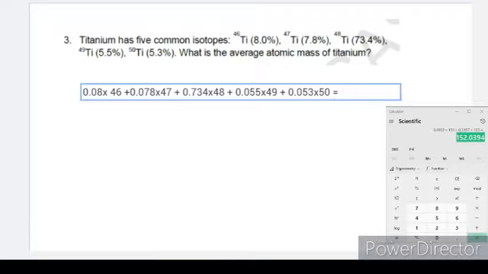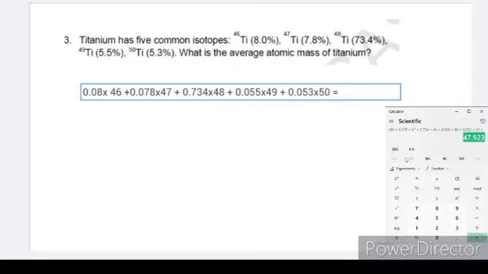Okay, using our calculator. So we have 0.08 times 46 plus 0.078 times 47 plus 0.734 times 48 plus 0.055 times 49 plus 0.053 times 50, which is 47.923.